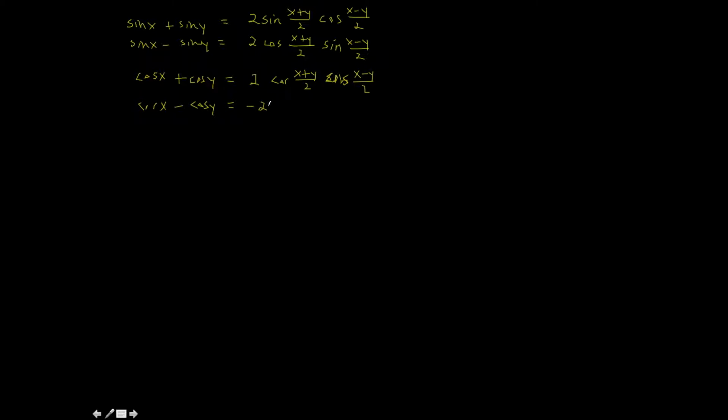So be careful. This is the one that's a little different. Negative 2 times the sine of x plus y over 2 times the sine of x minus y over 2. Okay? So these are our 4 sum to product. We're starting out with a sum now, notice, and we're going to a product. Okay, so let's look at an example.